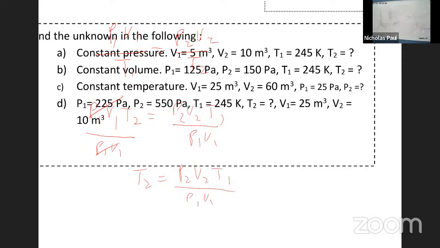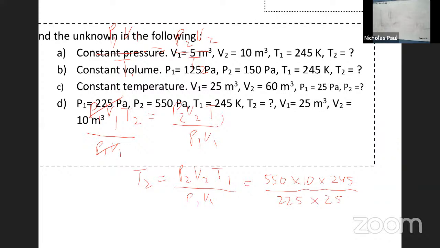Just to plug in the values now. P2 is 550. V2 is 10. T1 is 245. P1 is 225 and V1 is 25. Right? So what did they do?